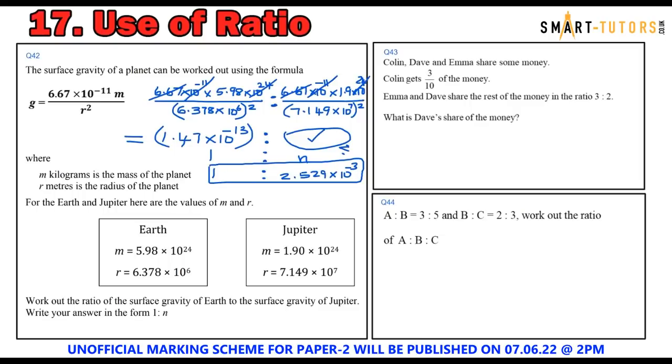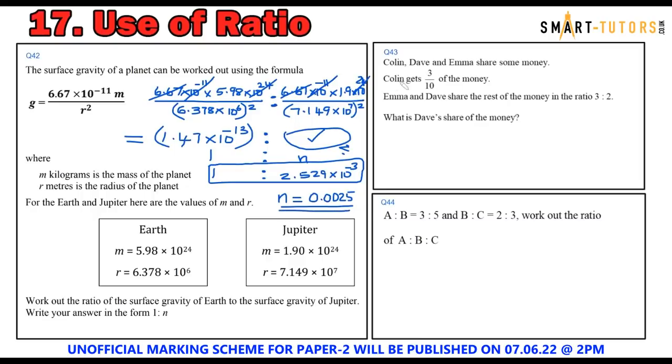You can use whatever method. Ratio means common numbers can be omitted in the calculation. Then find the answer using the answer function. You can effectively find the 1 is to n. So n equals 0.0025. That is the n answer.